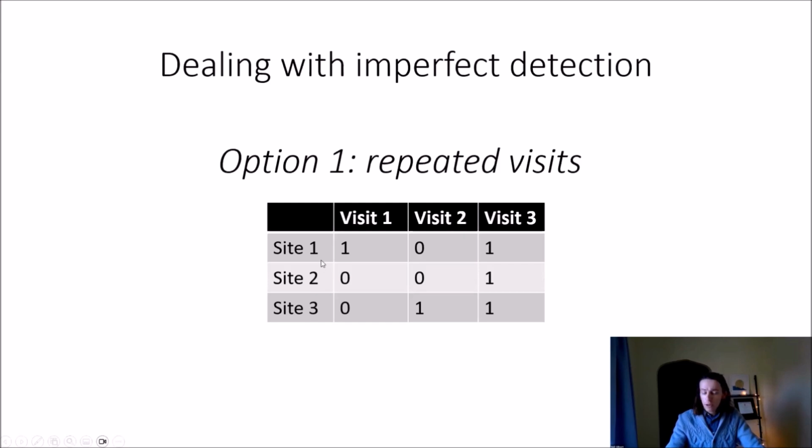Here, for example, I've got a little example where you have multiple sites in your rows, and they're visited on multiple occasions, here with presence-absence surveys. From those patterns of ones and zeros in your detection history, you're able to estimate detection probability and account for individuals that you may have missed when you were surveying.